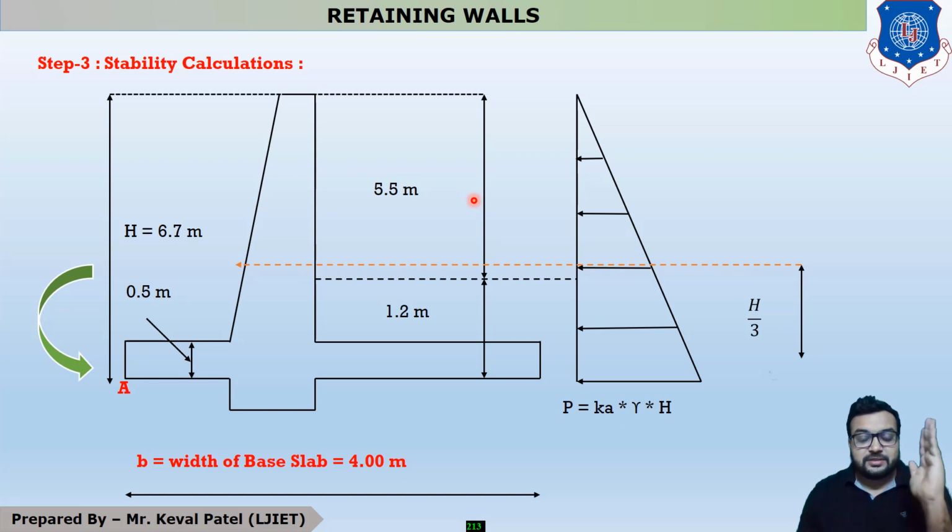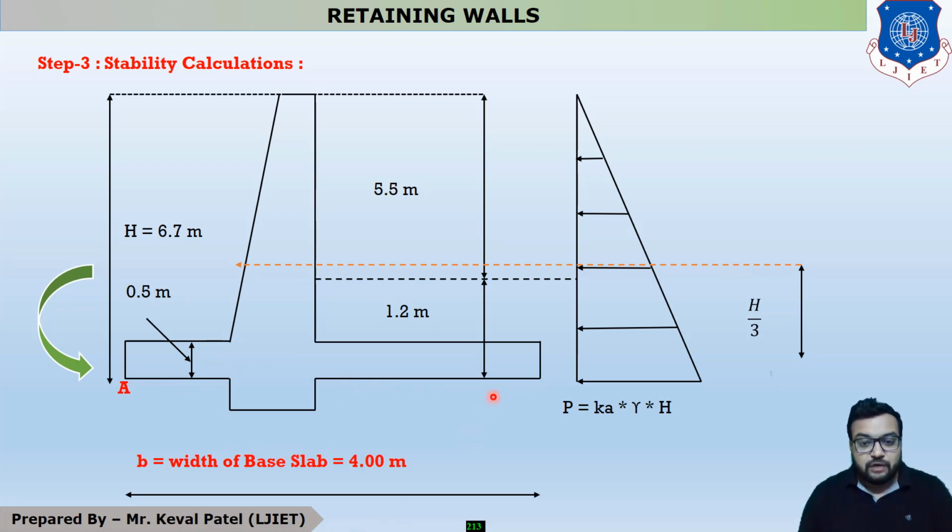So this soil acting on this side of the retaining wall tries to cause sliding or overturning. How much force is acting on the retaining wall? This is our topmost portion of the retaining wall and this is our lowermost portion. This portion is provided only to prevent the retaining wall from sliding.